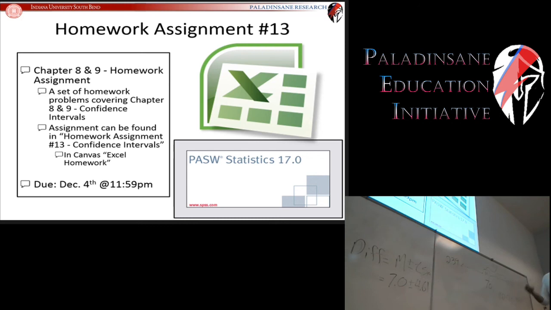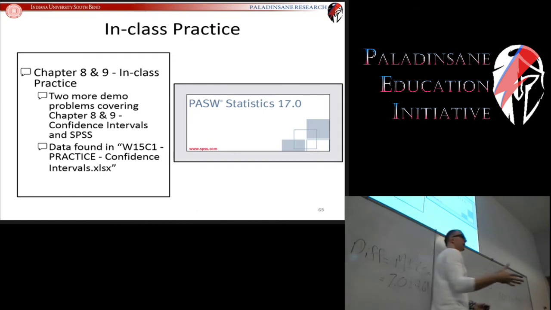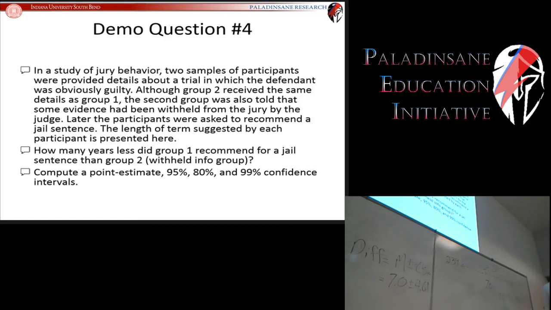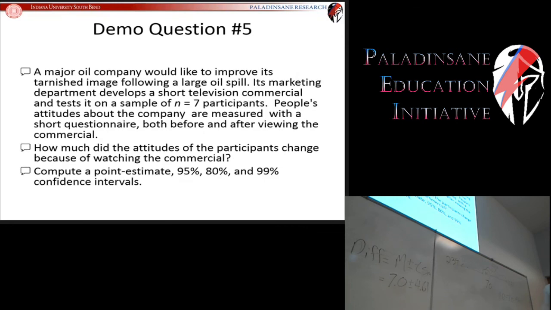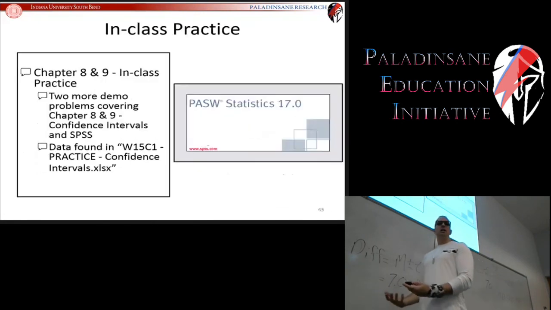So that's the homework. And then you also have 2 more problems that you can find in the Excel sheet to practice this a little bit. The descriptions for those are here in the student slides, as well as the ranges that you are looking for. So I recommend you give those a shot to warm up your abilities.